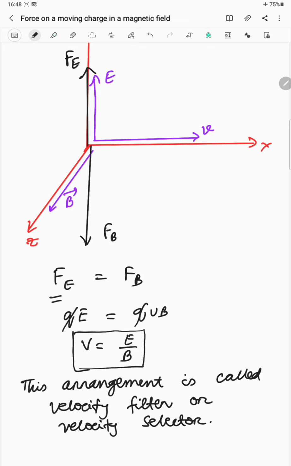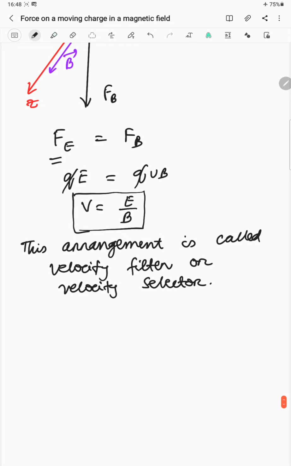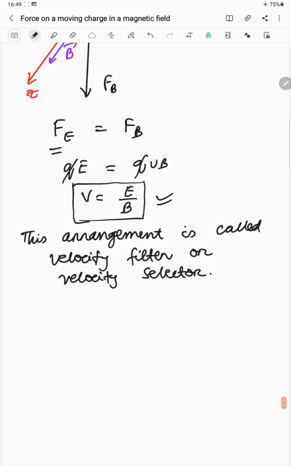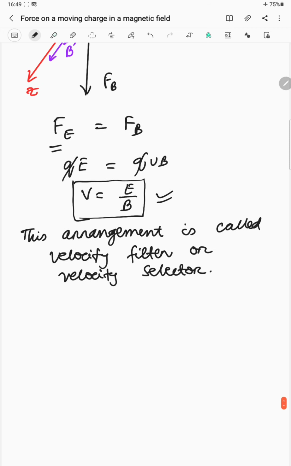This is basically the purpose of making the particle move in an electric field and magnetic field which are perpendicular to each other. The particle which moves goes undeviated, and this happens only when your electric force is equal to the magnetic force, and from there what you can draw is v is equal to E by B. So this is a very important relationship which many a time has come in the exam also. v is equal to E by B.